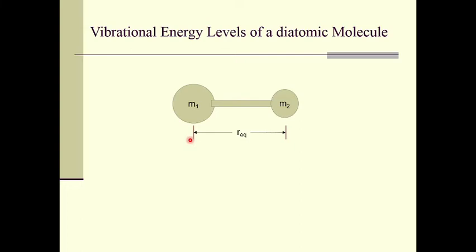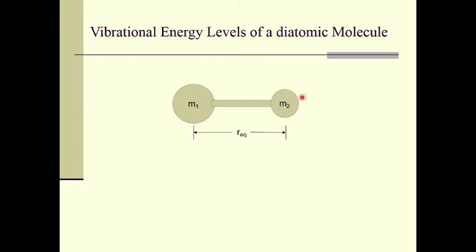So let us consider a polar diatomic molecule like HCl. This is the chlorine atom and this is the hydrogen atom. Let us fix or anchor the chlorine atom at one axis and imagine pushing and pulling the H atom closer to or away from the Cl atom.